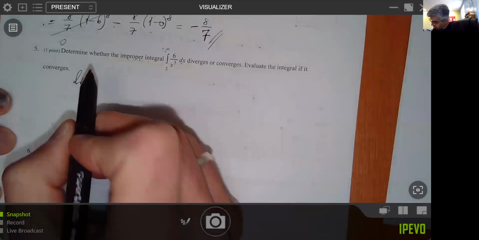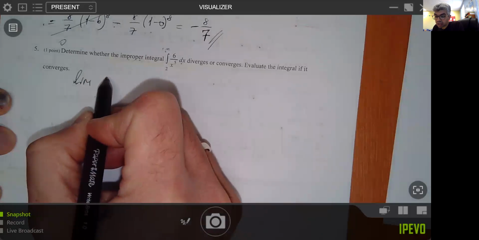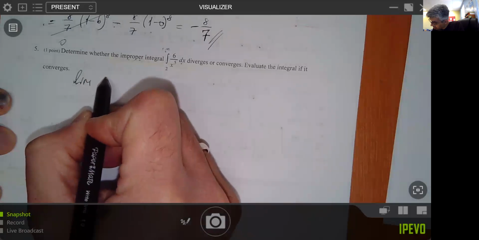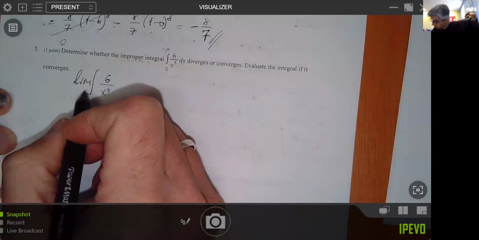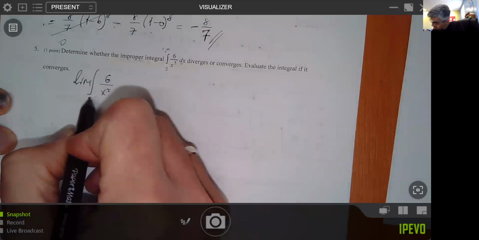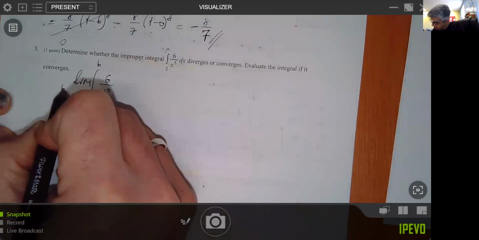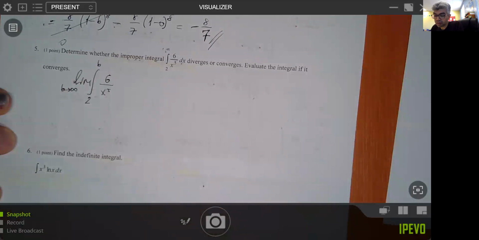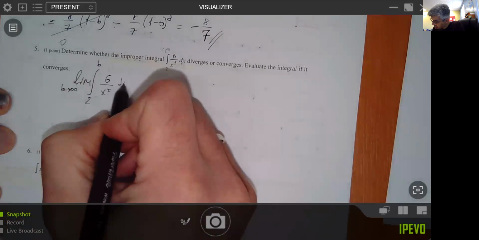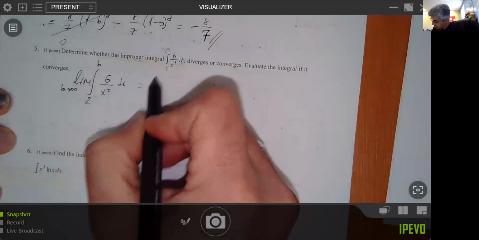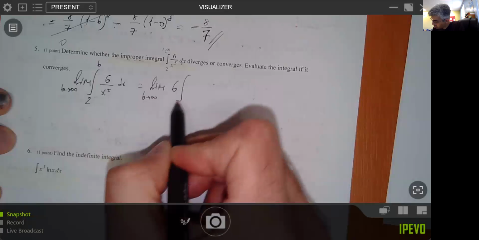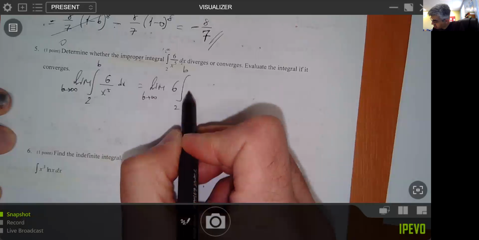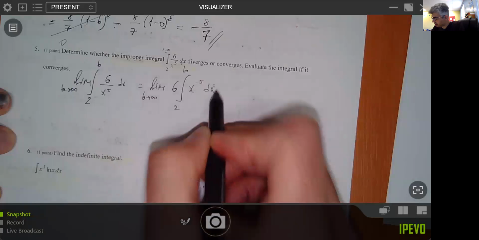Limit of 6 over x to the power of 5 dx, but the integral is not from 2 to infinity, it is from 2 to b, where b approaches infinity. So I have limit as b approaches infinity, 6 integral from 2 to b of x to the power of minus 5 dx.